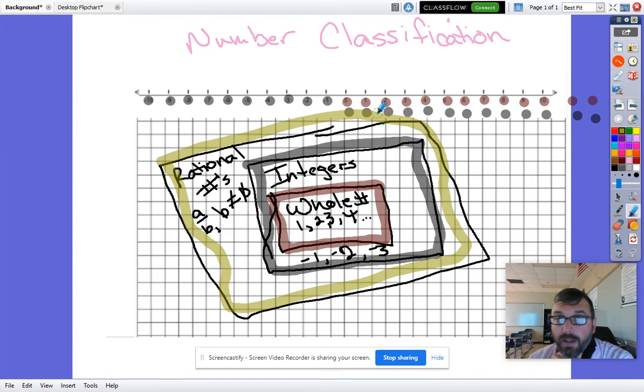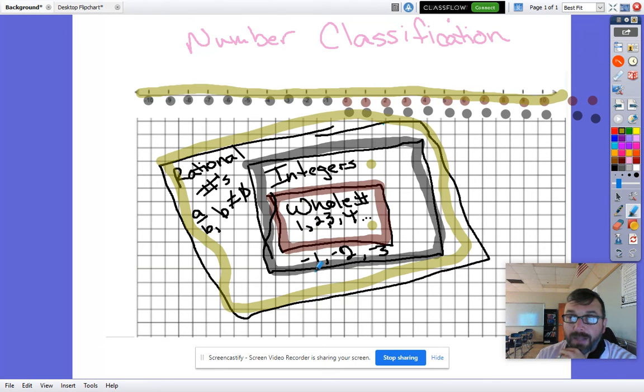Okay. Rational numbers therefore include all the spaces in between. It includes our integers, so it has negative numbers, and it includes our whole numbers, but it's all the stuff in the middle. All right? That is our 1 point. Let me change back to the pen.